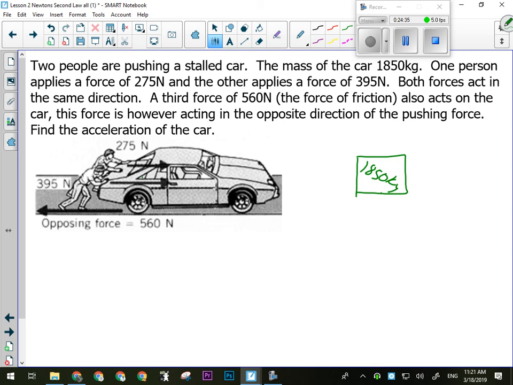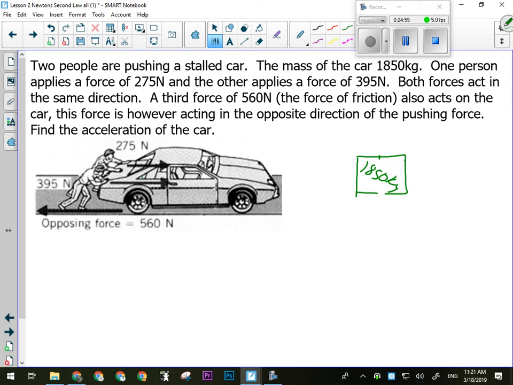I can put gravity and the normal force on here if I want to, but those two forces cancel, so they're not really important in this question. I don't necessarily have to draw them, and I certainly wouldn't mark it wrong if you didn't. Since the car is not accelerating vertically, they're not all that important.